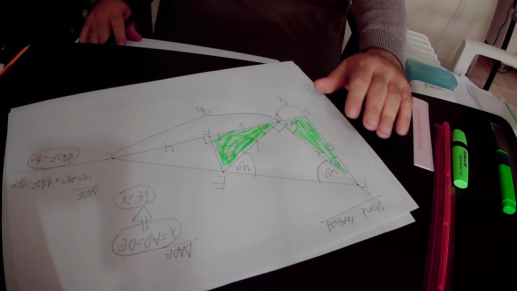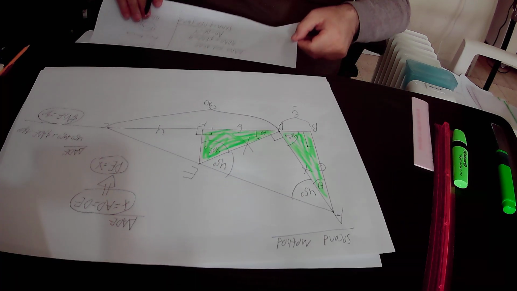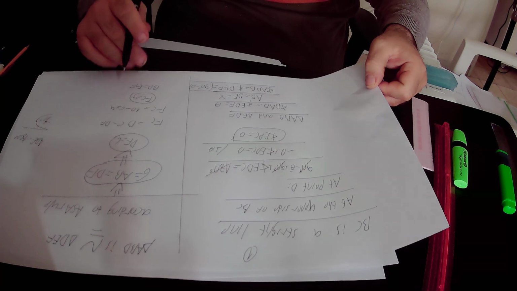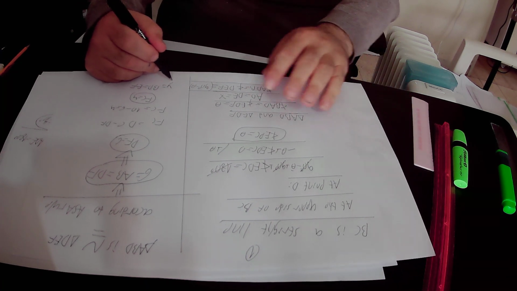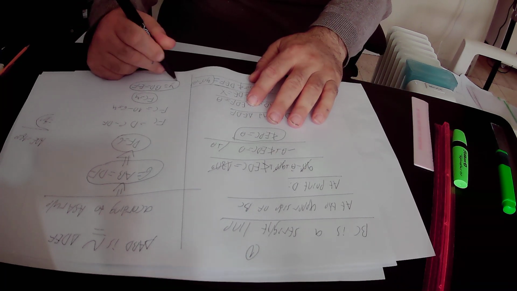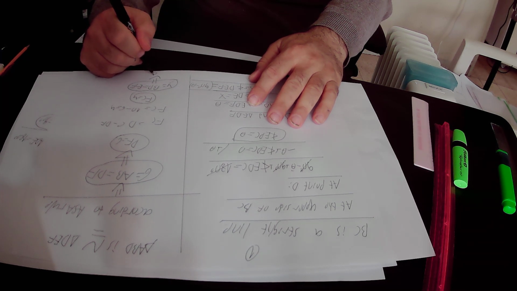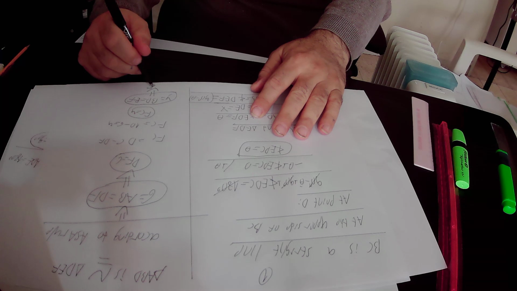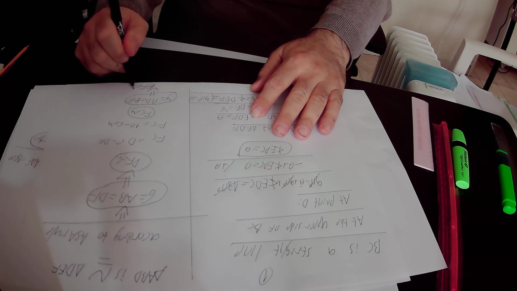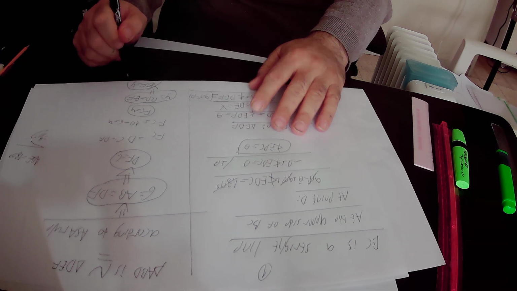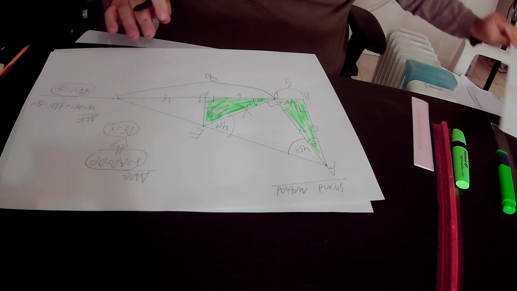So from this equation, Y equals to BD equals to EF, we will derive that EF is also equal to Y.